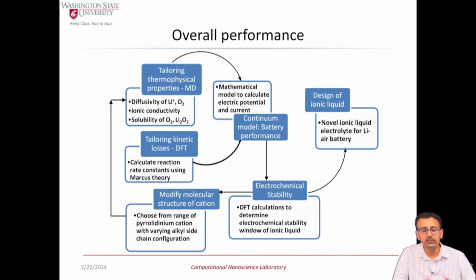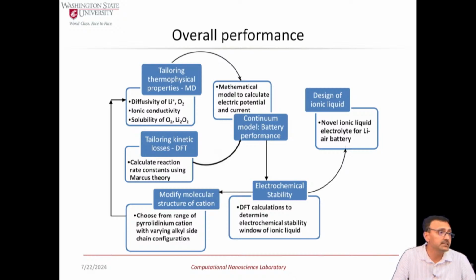But what I want to get across here is, this slide shows how we predict the overall performance of a system such as a battery, which is at a macro scale. We are talking about a battery cell, while capturing some of the detailed ion transport, etc., and solubility of chemical species, the chemical stability aspects that are captured only by quantum mechanical approaches such as DFT or molecular dynamics simulations.